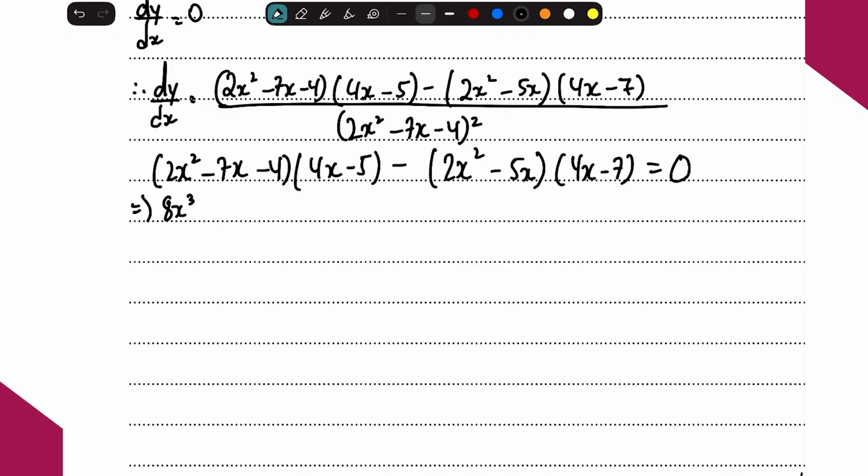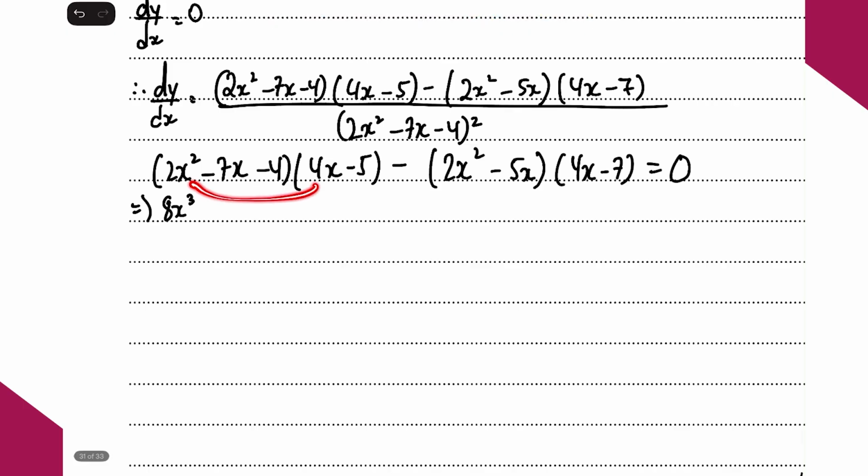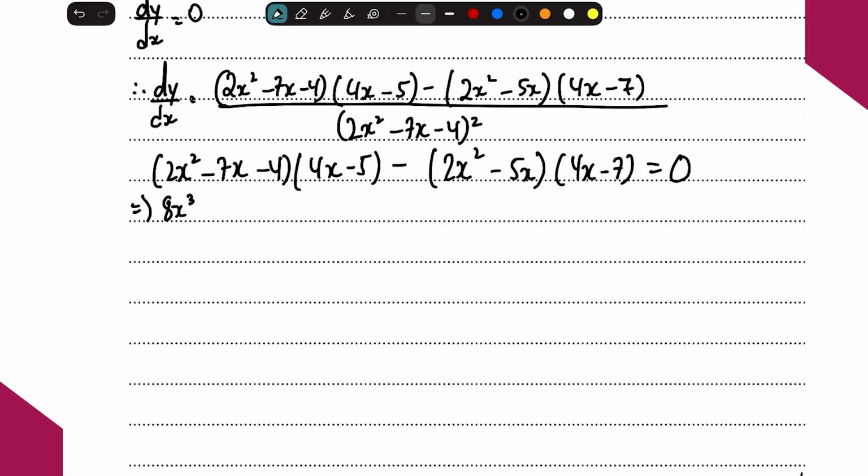So we've got 8x cubed. Again, I do know that there are going to be terms cancelling out because we can see that this and this are the same, so the cubes will ultimately cancel out. But let's just solve it the traditional regular way. Then you've got 10x squared.